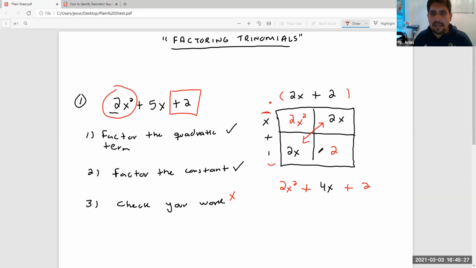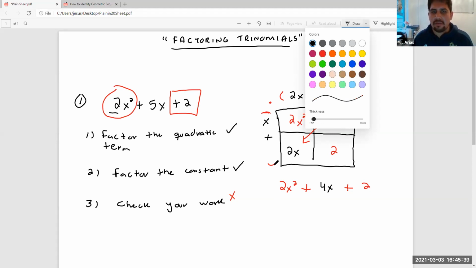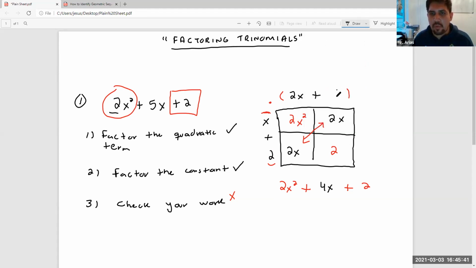Now, for example, let's quickly try to fix it by switching these two from the base and these two from the height. So those two are going to switch position, right? So now this becomes a 2 and this becomes a 1. And then after this, I'm not going to have these terms anymore in these diagonal entries, because now my x from the height is multiplied by 1, right?